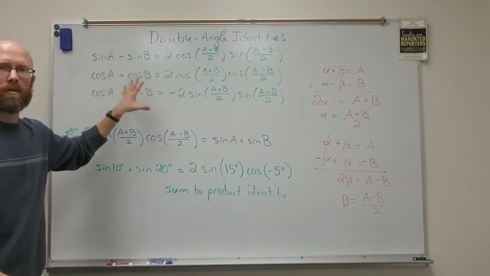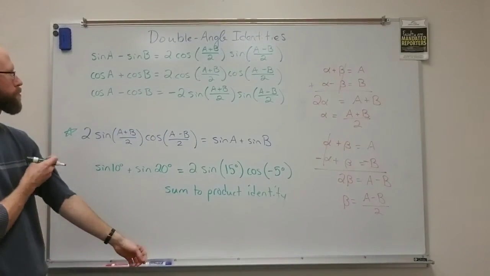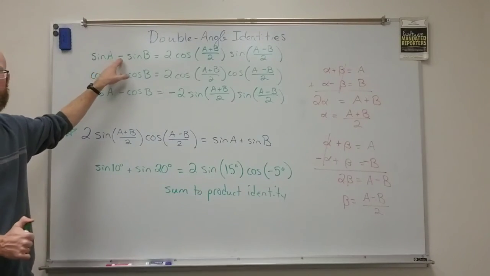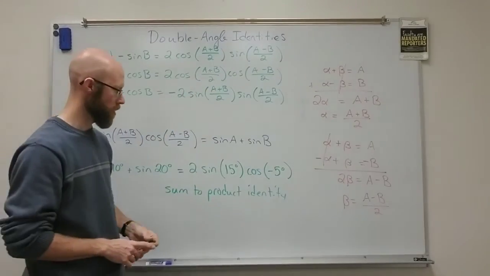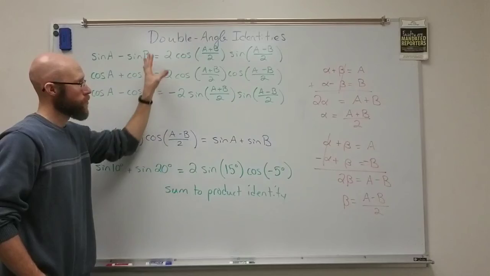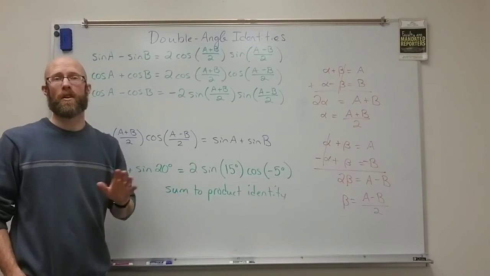Okay, so 4 sum to product identities. We say sum, but it could include a difference too, difference to product. But we call them all sums. All right, so we've established 4 more identities. This section is full of identities.